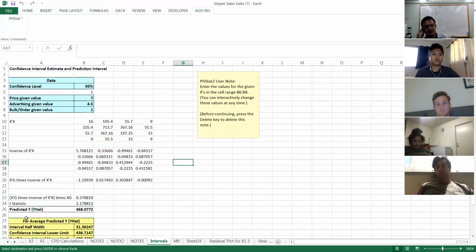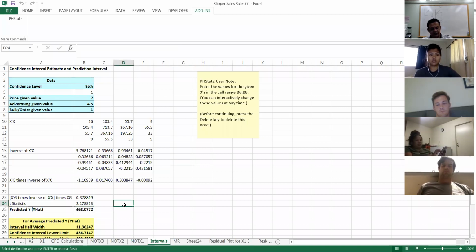It also tells us how much advertising we did. I think that was $450. So you can't do more than $450. Bulk sales, 1 means you did a bulk sale, 0 means no bulk sales. And so we can figure that out, and at 468 times our $7, we start looking at how much money we made.